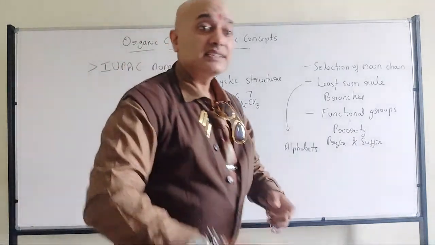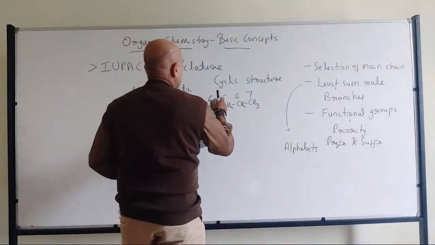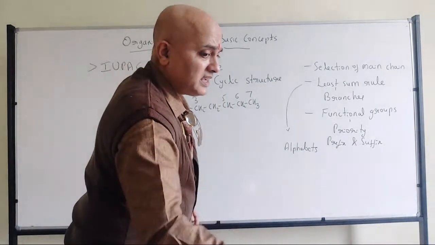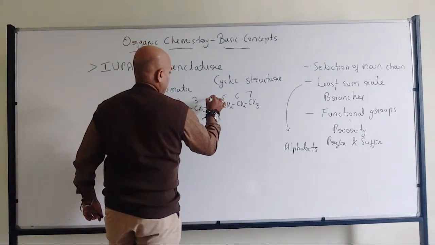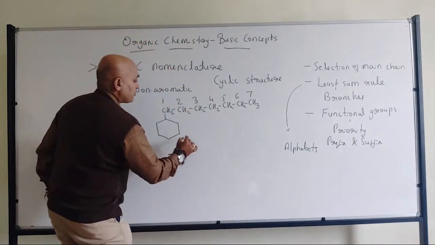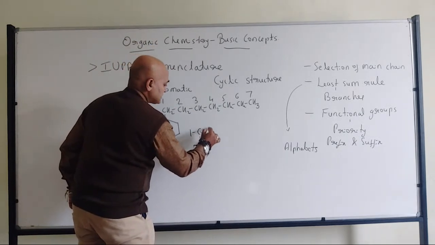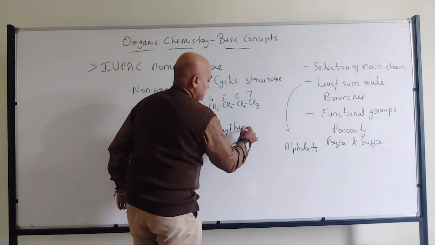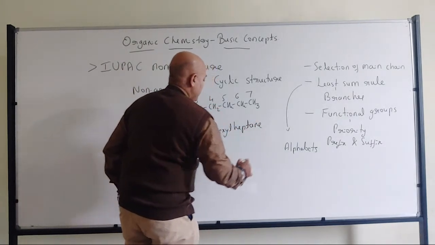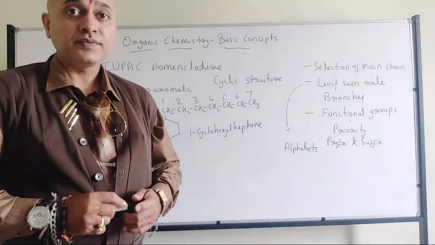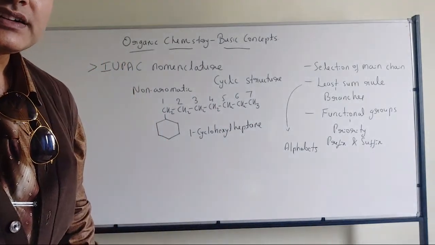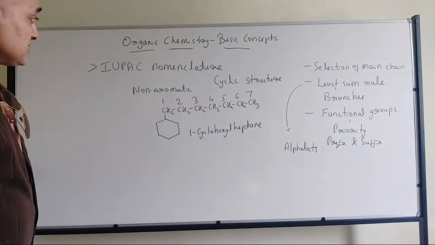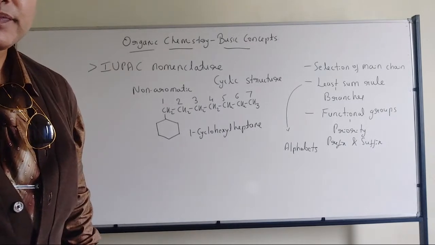Since we have 7 carbons, we take this as the main chain, and to that we have the cyclohexyl derivative. So we can write it as 1-cyclohexylheptane. All of you have understood? So 1-cyclohexylheptane, Gauri.